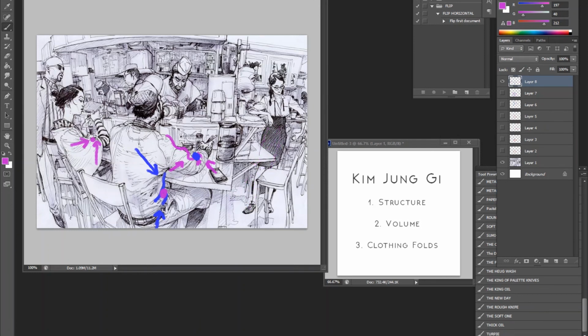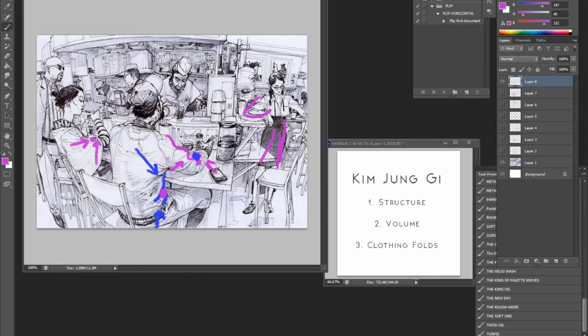But Kim Jung-gi knows that there is no point in putting folds here. There's no need for the complexity. So again, use the folds as tools for your composition and not the other way around. You do not want to just technically make all the folds on your piece appear. You want to do it cleverly.